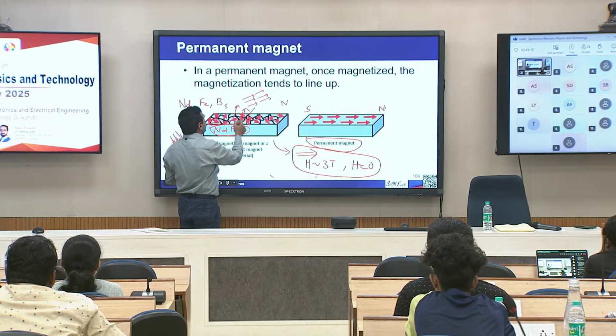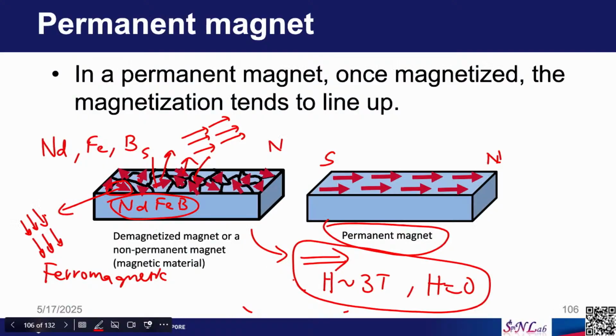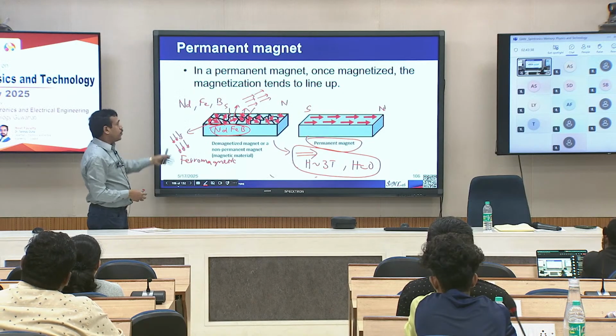This is a magnetic domain, this is a magnetic domain, and so on. There are many magnetic domains inside a magnetic material, especially when you have not subjected it to a magnetized state. Freshly prepared material like the neodymium iron boron I prepared has many domains.